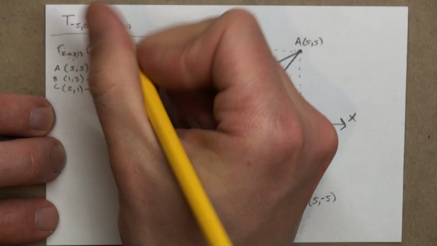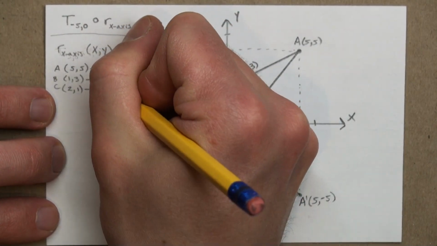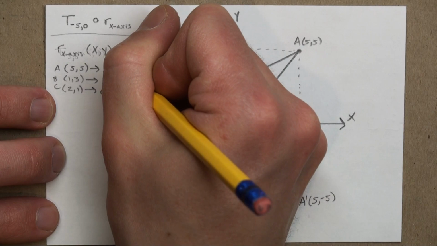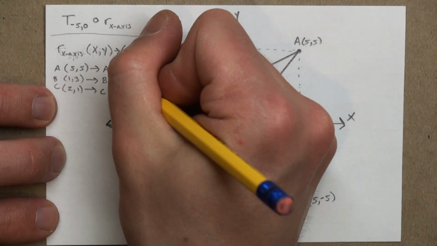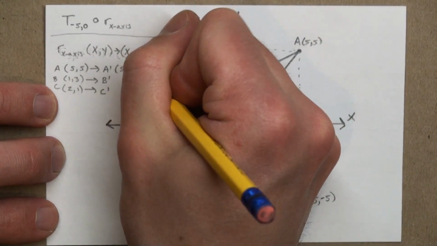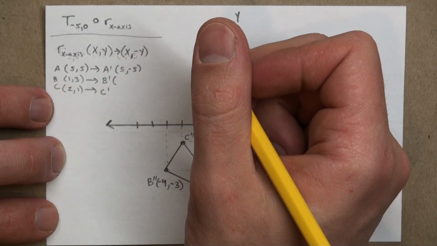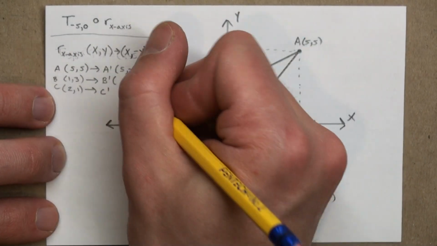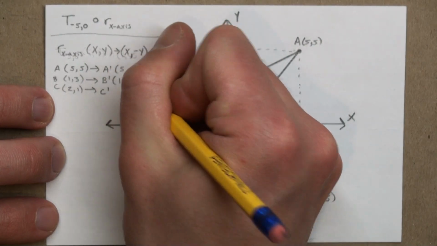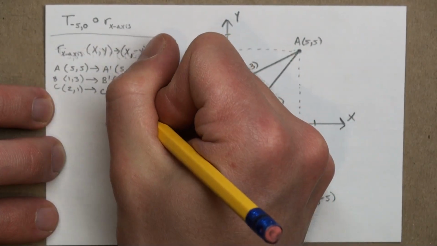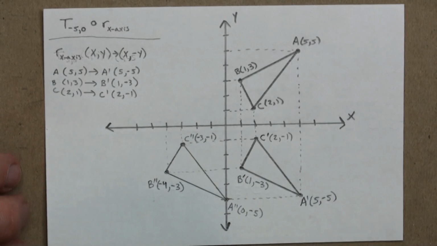And so what happened was I got A prime, B prime, and C prime, 5, negative 5, 1, negative 3, and then 2, negative 1, right?